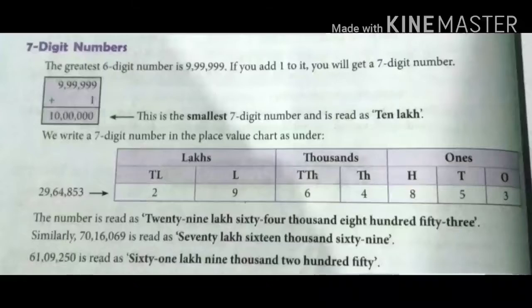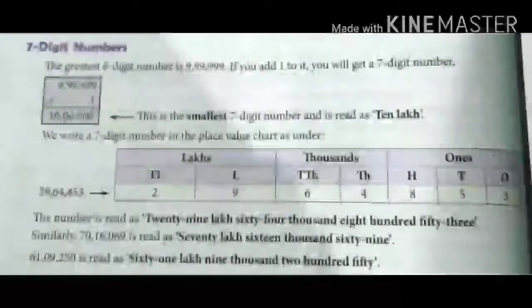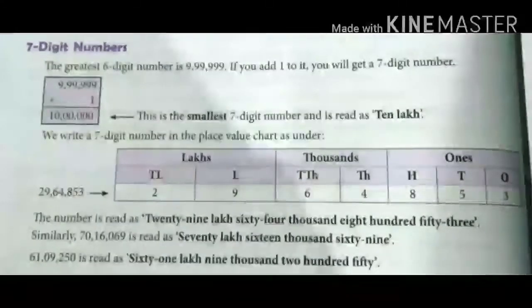We take one example. Firstly, we draw the place value chart. In that chart, we see periods and places. Then put the given number in that place value chart.